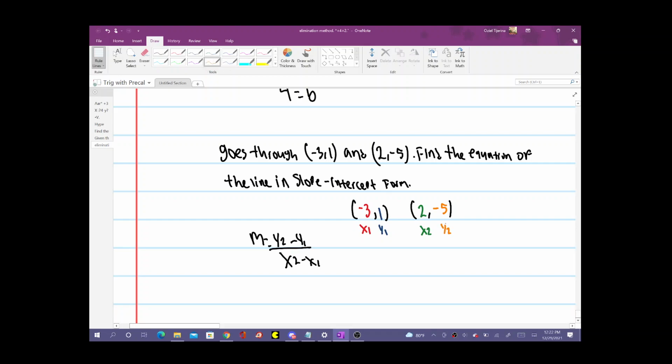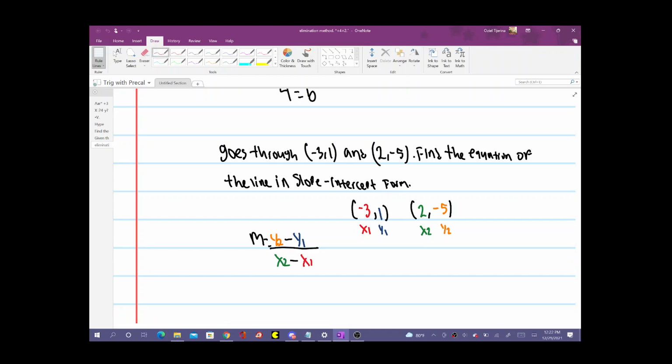So now m, like we said, is going to be y2 minus y1 over x2 minus x1.